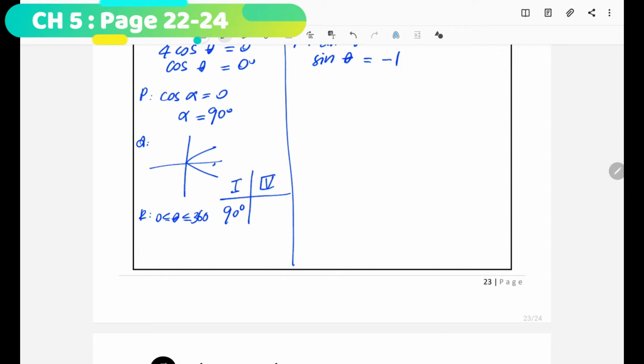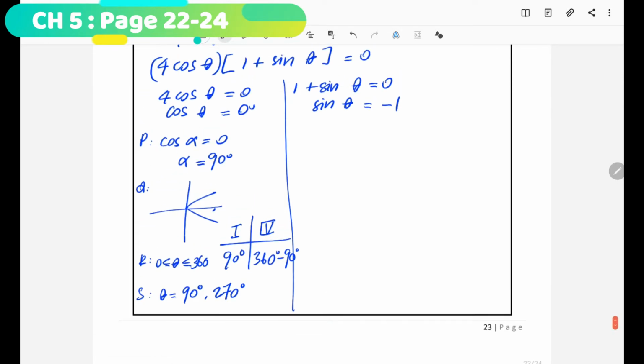Kalau you choose negative 1, you will plus. Okay, so this one saya akan minus. Alright, so this is the answer I get. Untuk solve for theta will be theta 90 degrees for the first quadrant, and the fourth quadrant will be 270 degrees.